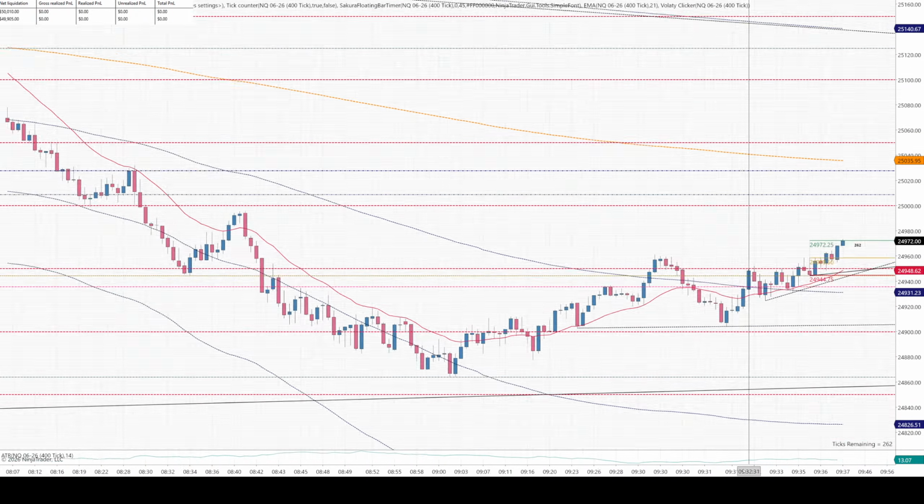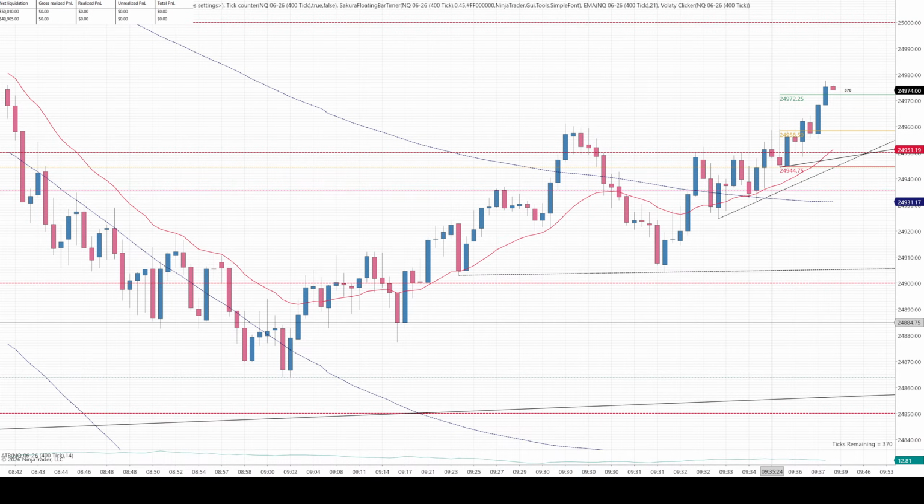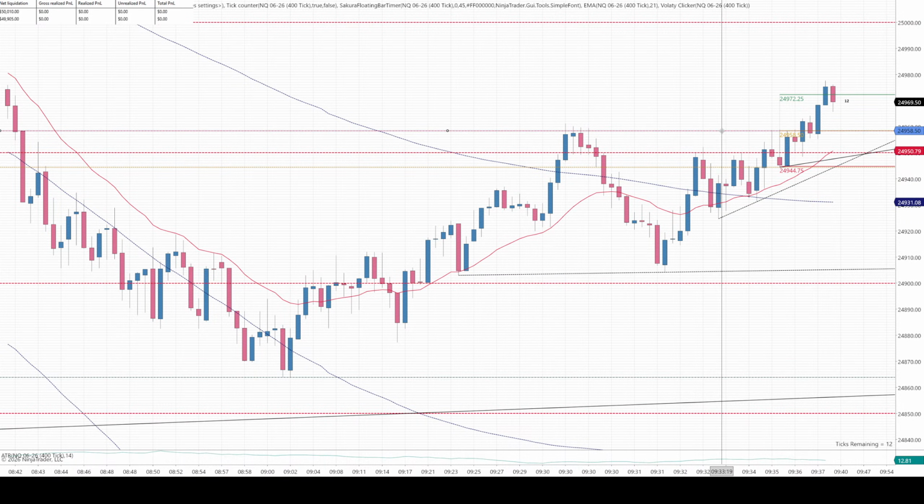We just hit target. $25,000 even is probably going to be the next target as well. Bigger target, that is. Let's see, our runner is right here.